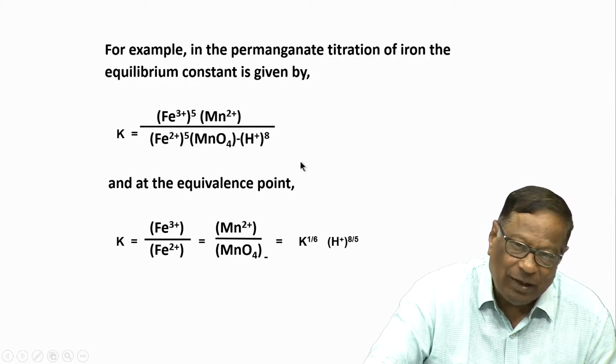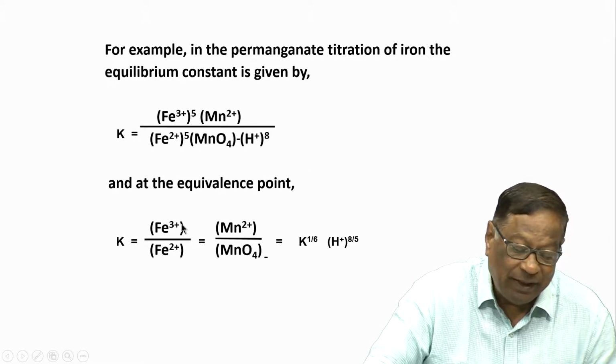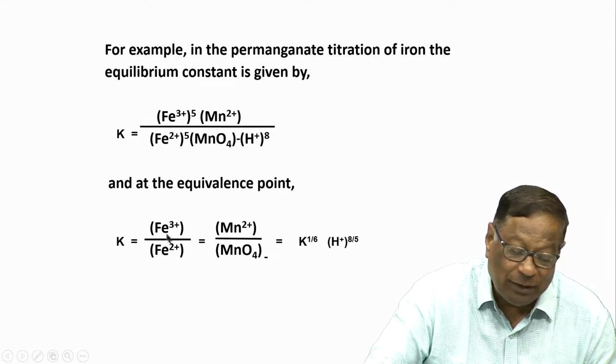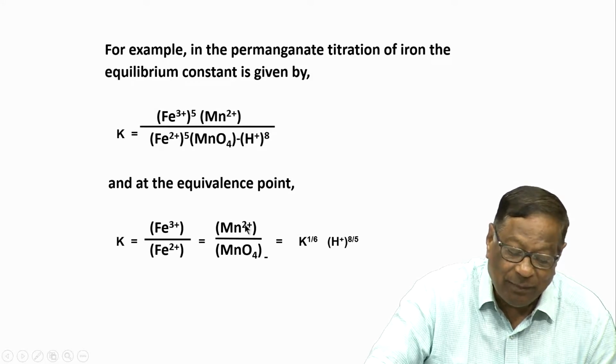So, at the equivalence point K is equal to ferric by ferrous, which should also be equal to oxidant by reductant. So, what is the other system? Mn2+ divided by MnO4-. Okay.